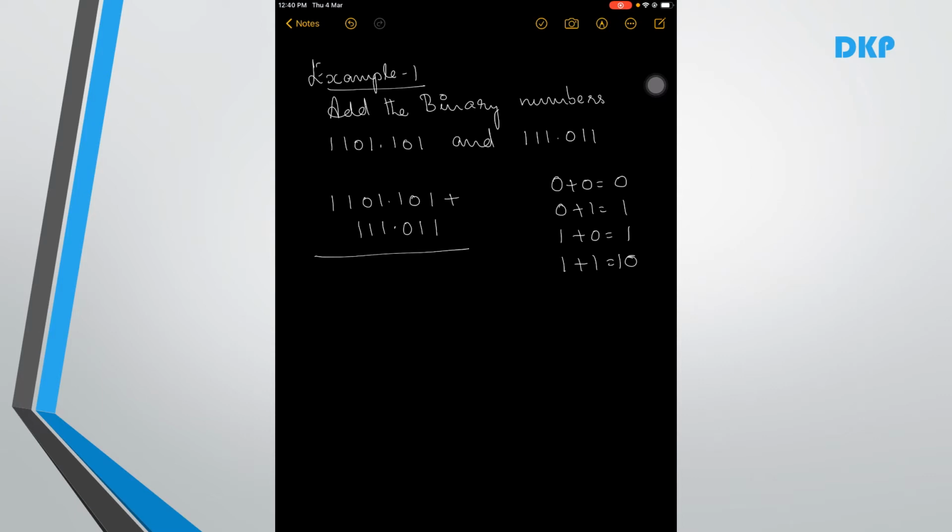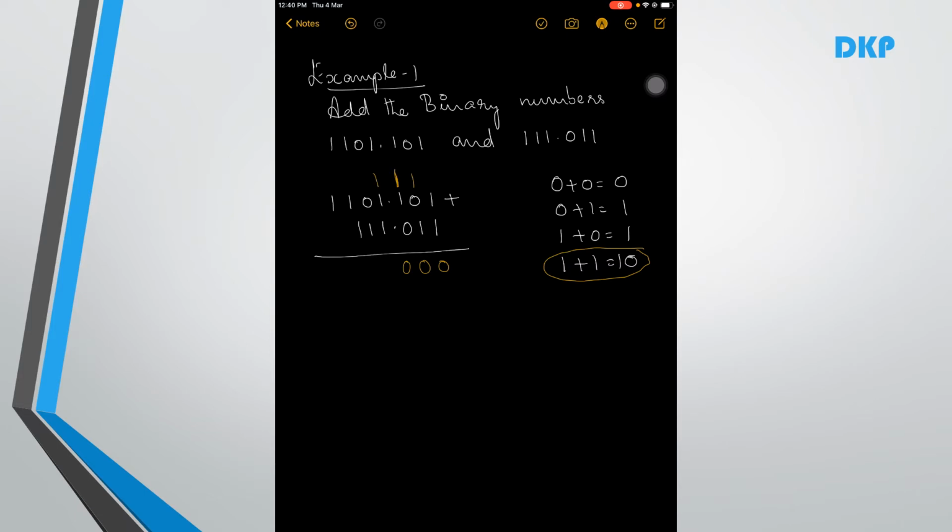So what is 1 plus 1? 1 plus 1 is 0 with 1 carry. 1 plus 1 is 0 with 1 carry. Now 1 plus 0 is 1, and 1 plus 1 is again 0 with 1 carry. Now here, 1 plus 1 plus 1 equals 0 with 1 carry, plus 0, again 0 with 1 carry.